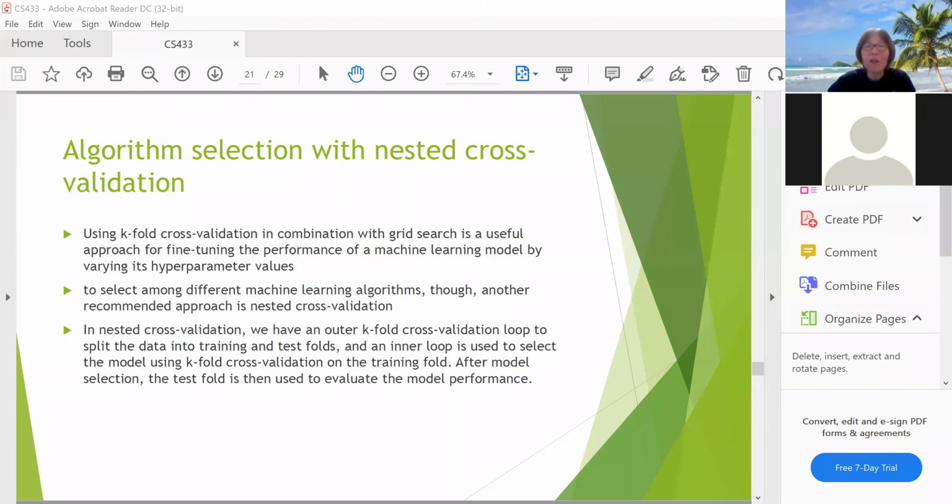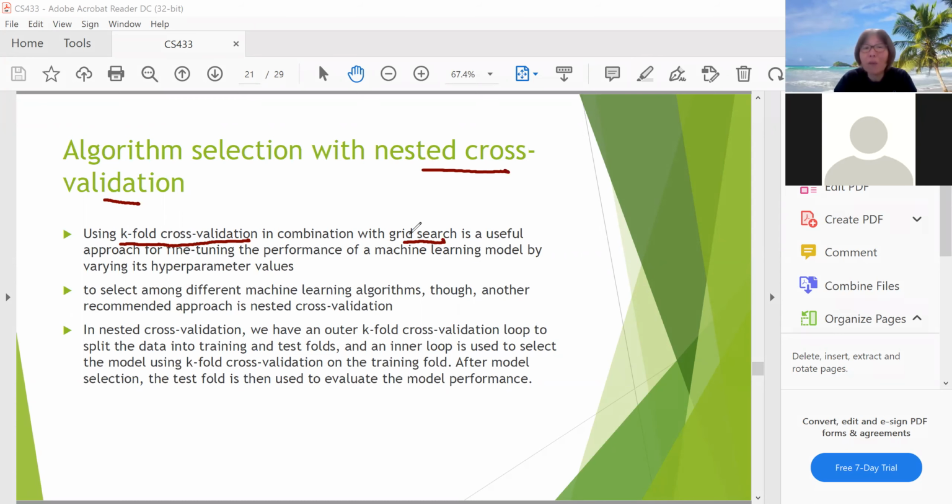Okay, the next concept is algorithm selection with nested cross-validation. If you recall, previously we already used k-fold cross-validation, and we also learned the grid search.